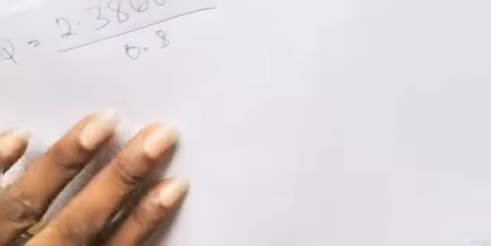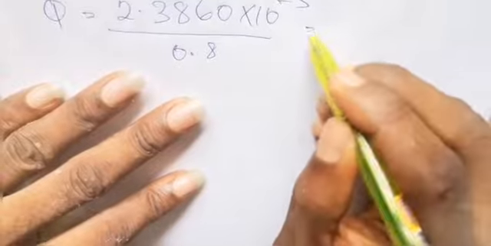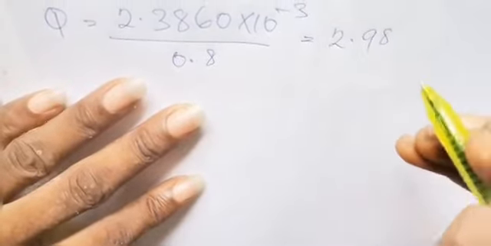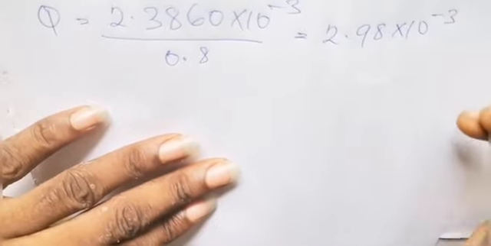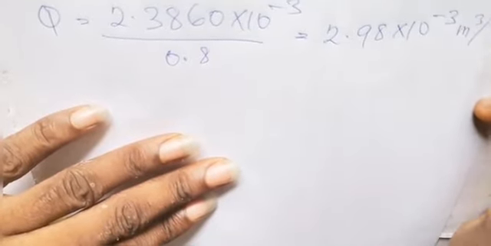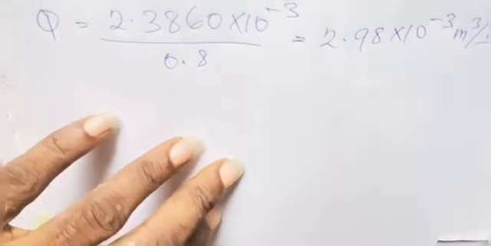Alright, so let's now obtain 2.3860 exponential minus 3 divided by 0.8. That simply gives us 2.98 by 10 to the power of minus 3 meter cube per second.